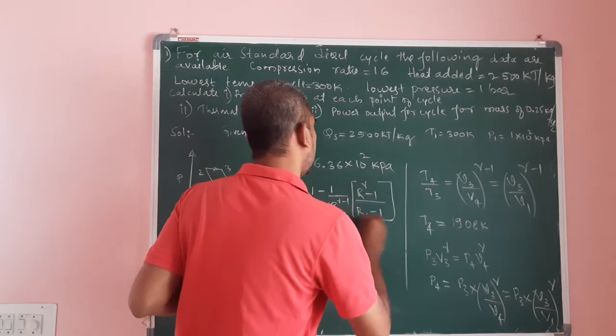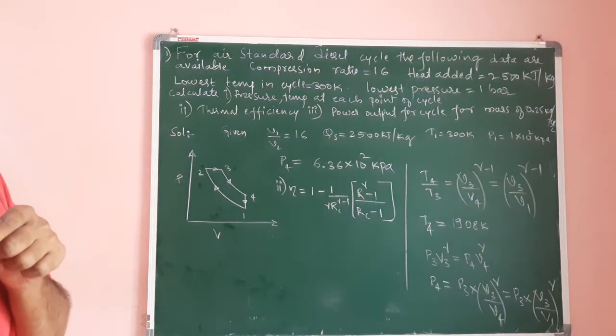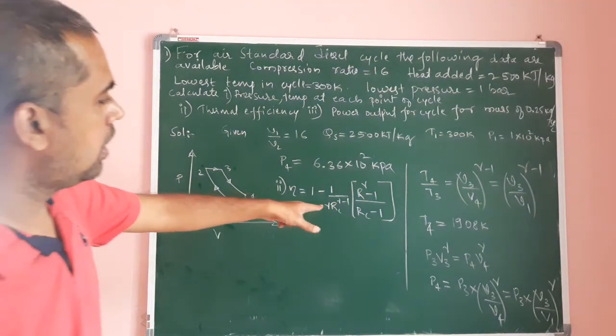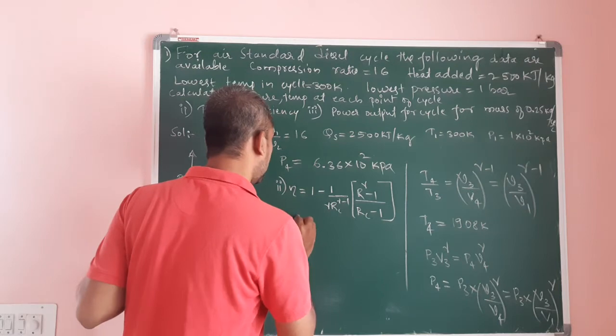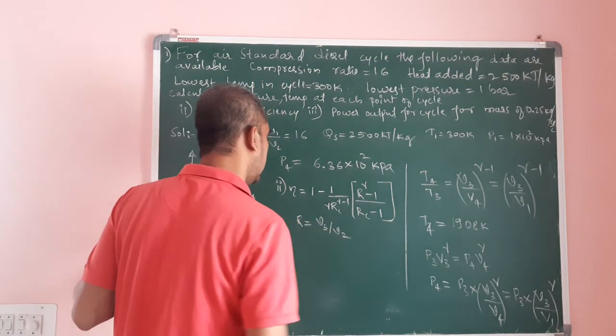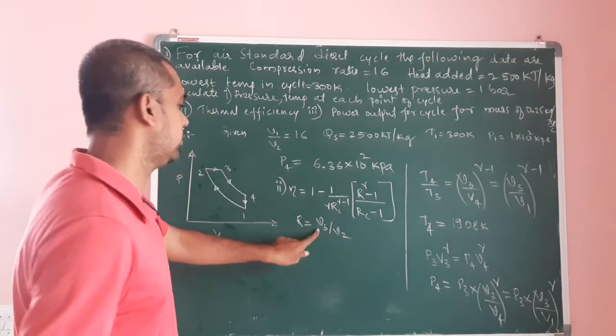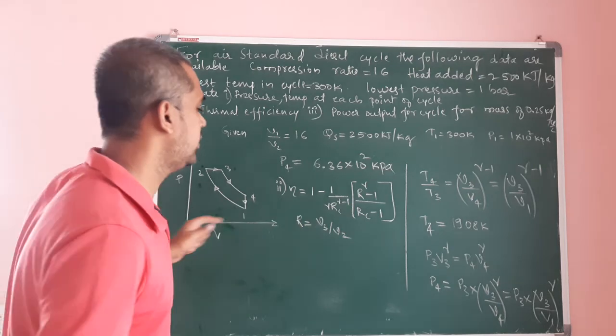This is one of the formulas. Using this you can calculate. Here R is equal to P3 by P2. If you substitute all this, you will get the efficiency value.